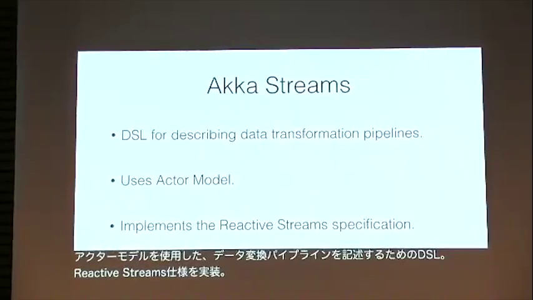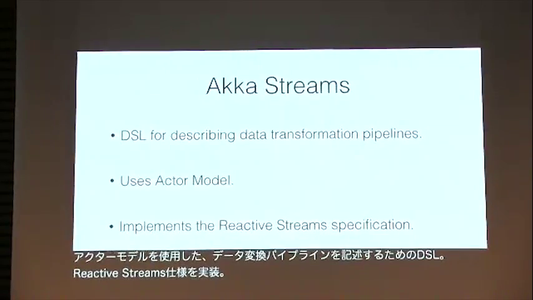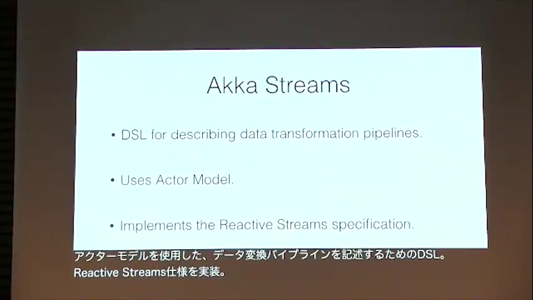Okay, so now that we have recapped the most important features of Apache Kafka, let's quickly go through Akka Streams. This talk assumes at least basic knowledge of Akka Streams, but we will go through the simplest definitions. Akka Streams is basically a DSL for describing data transformation pipelines and a materializer for running these pipelines.